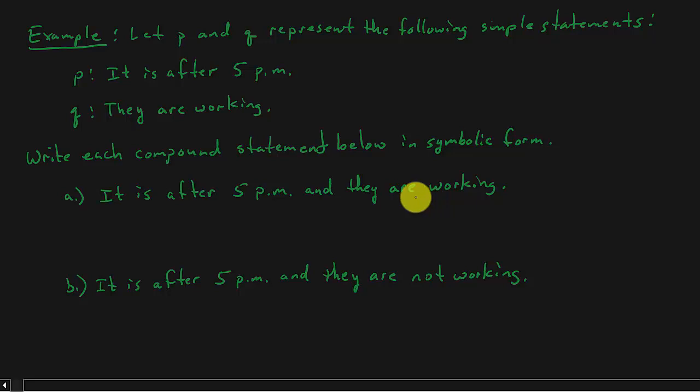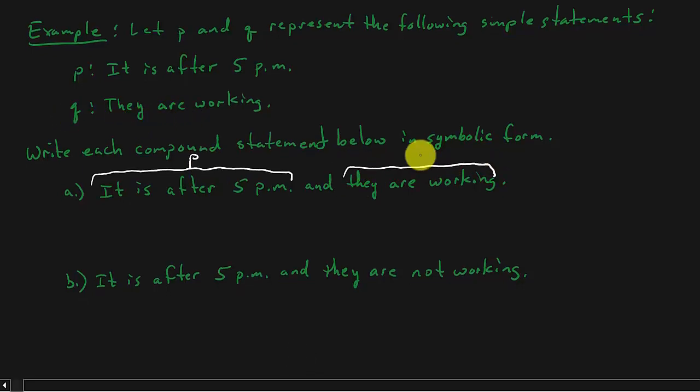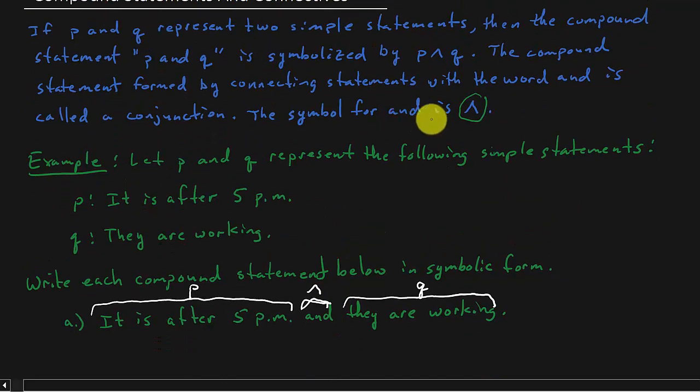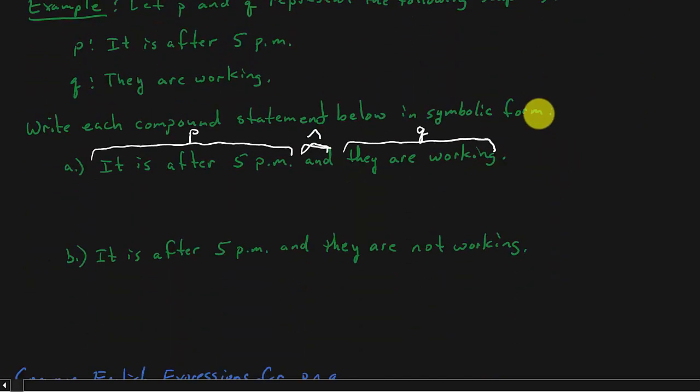You can see here that it is after 5 p.m. represents the statement P. And they are working, that represents statement Q. And the and here represents that symbol there. Remember, that's from up here, and is this symbol. And so to write this, that would be P and Q.